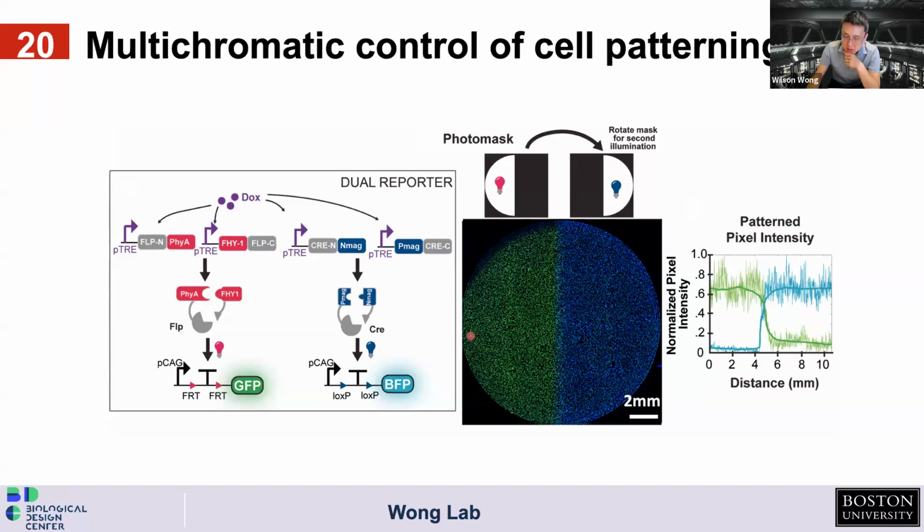And you can see here, it's actually pretty nice. I see mostly green here, and then they have a sharp drop off once you're covered by the photomask, and similarly for the blue lights as well. So it's pretty good. At least this system is quite clean, at least in this particular system, not the myoblast. You can make it quite clean in terms of pretty low leakiness.